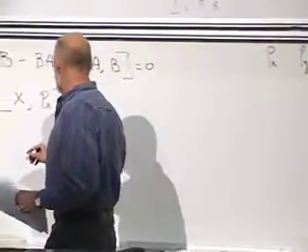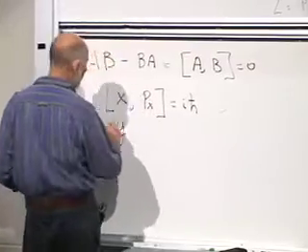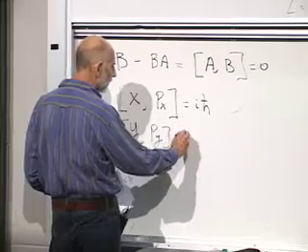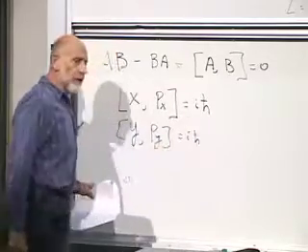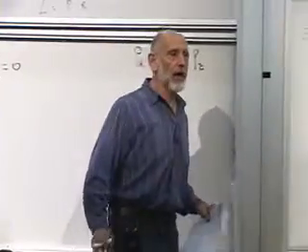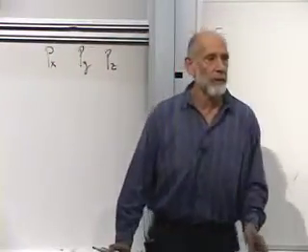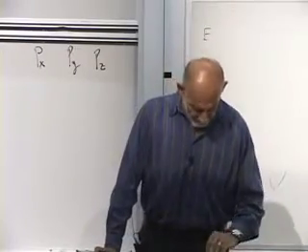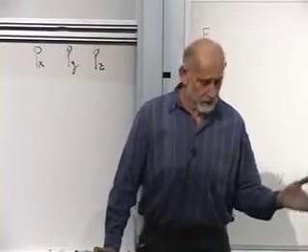Likewise, for the y components, the y position and the y momentum don't commute with each other. Same for the z components. How about x with the y component of momentum? Can you measure x and the y component of momentum simultaneously? Yes, as a matter of fact, you can. That may not be obvious, but it is true.